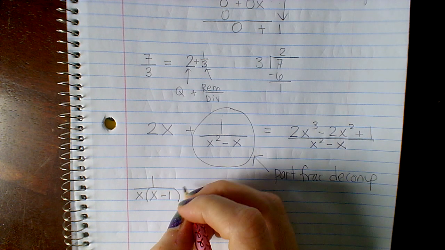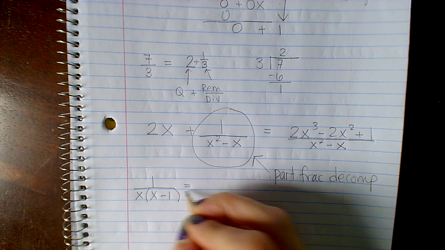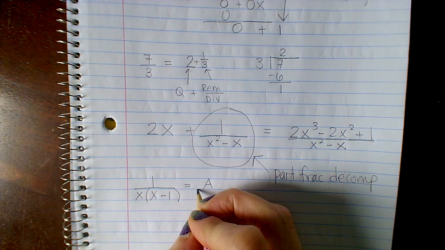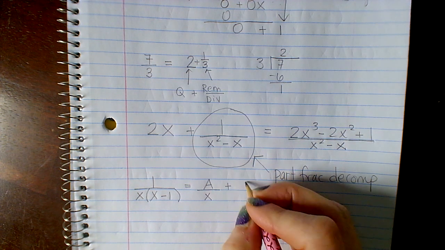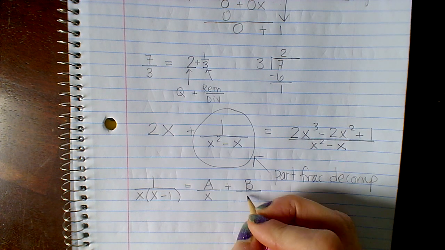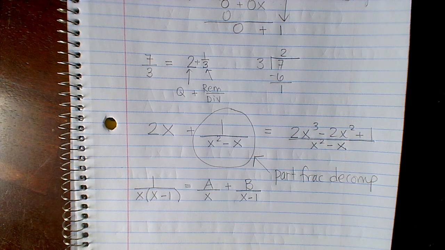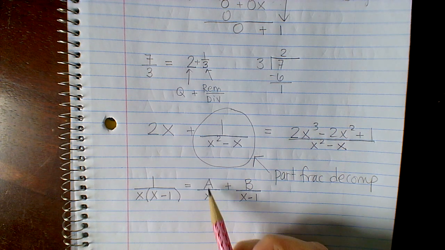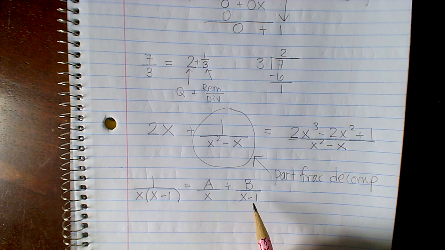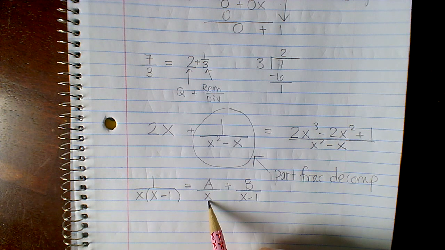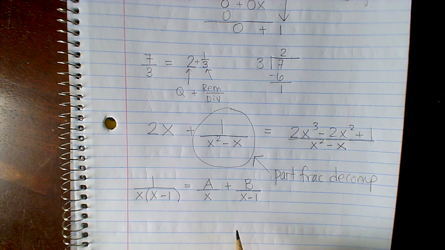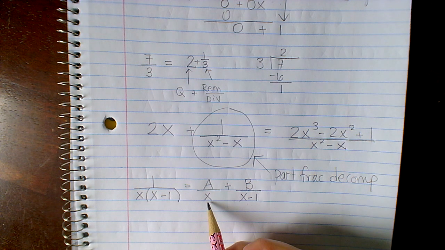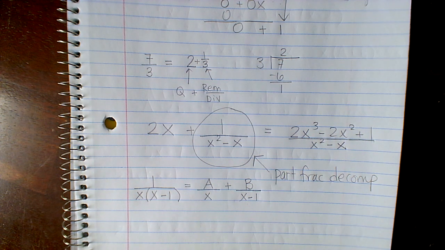Partial fraction decomposition says that I'm going to decompose this into a constant over one of the factors and then another constant over the other factor. Now, does it matter that I called a over x and b over x minus 1? No. If you put a over x minus 1 and b over x, we will get different numbers for a and b, but we should have the same number above x and the same number above x minus 1 when all is said and done.